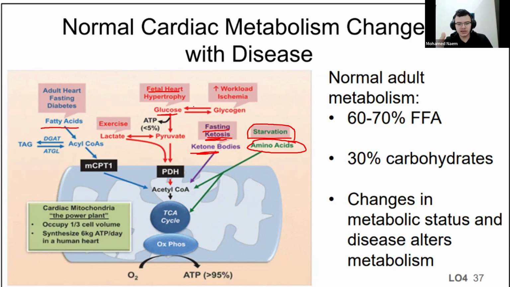Is it amino acids? Is it ketones? If he says starvation, you put amino acids. If he tells you the patient is in fasting ketosis, the heart uses ketone bodies. You just need to memorize. There's not a lot to explain here, so I'm just going to move next.